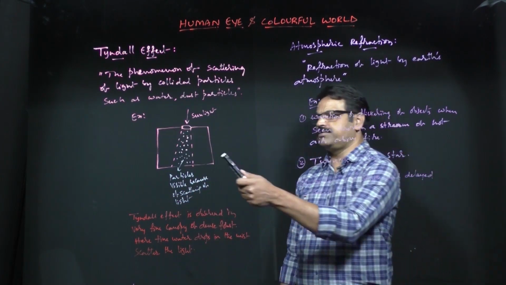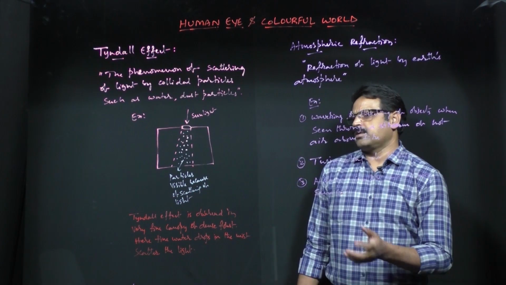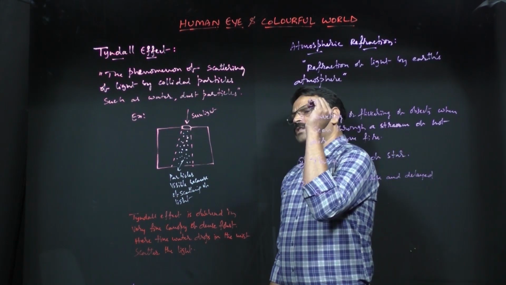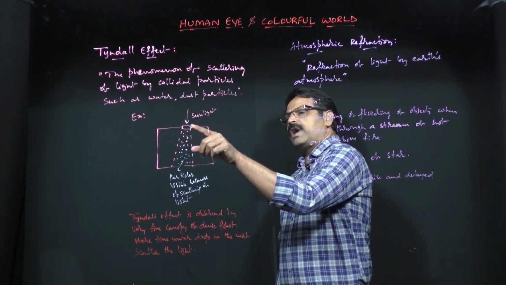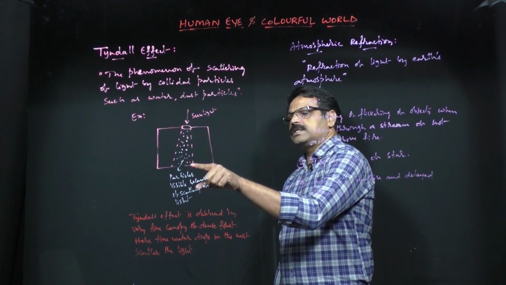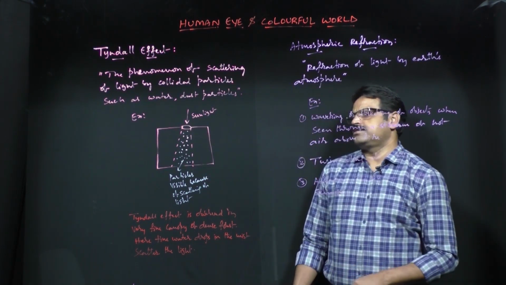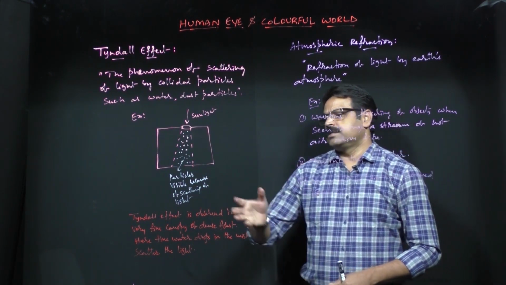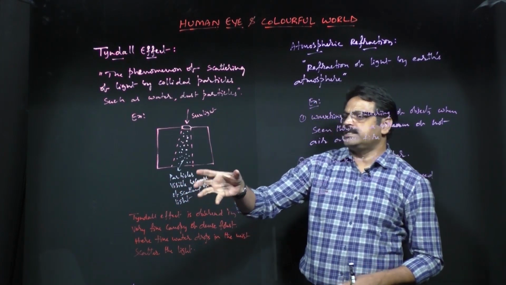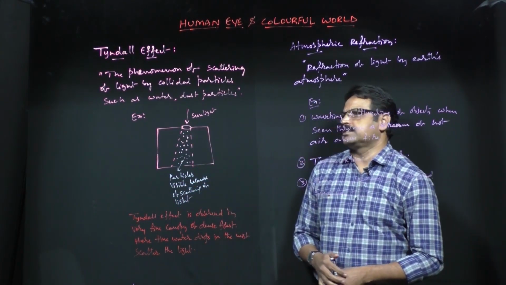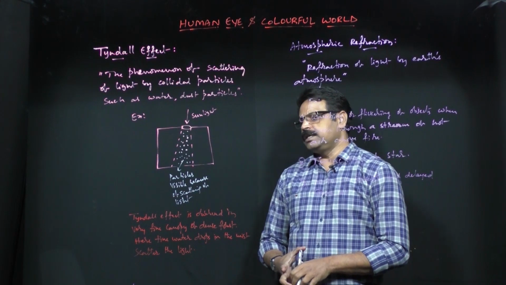This is a practical phenomenon that you can see in a closed room where the light is allowed to pass through a fine hole. In that case, the particles are visible because of this Tyndall effect. That means the scattering of light takes place due to the colloidal particles. So this phenomenon is the Tyndall effect.